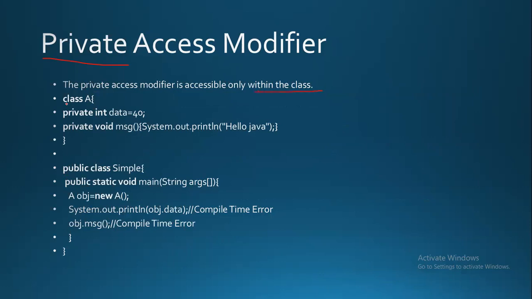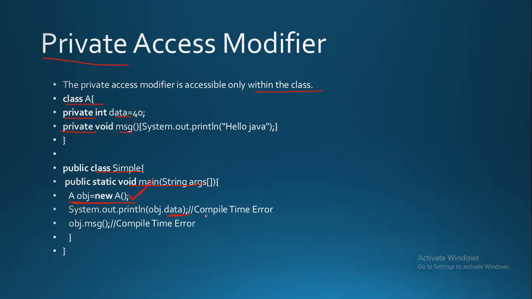So we have two classes here, class A and class simple. Now if you see, we have a private variable data and a private method message in class A. Now in class simple, we have a main method. We are instantiating class A in this class simple, and we are trying to access the data with the help of this class A object.